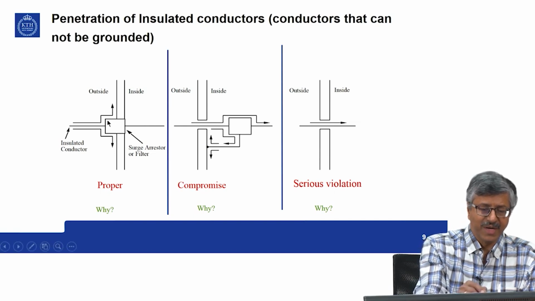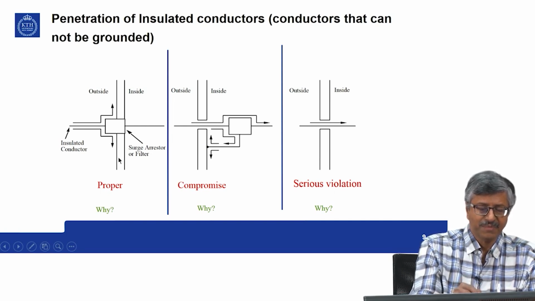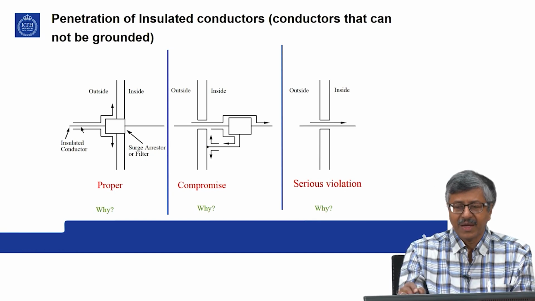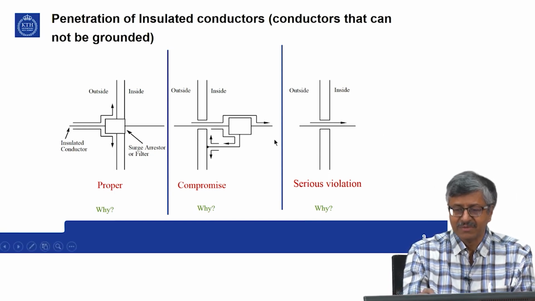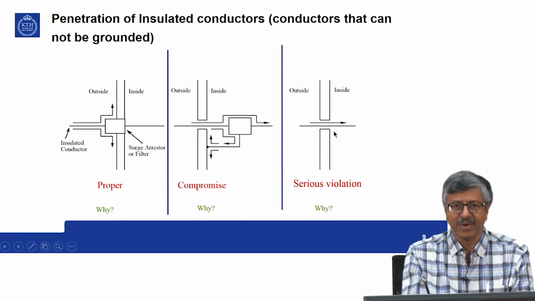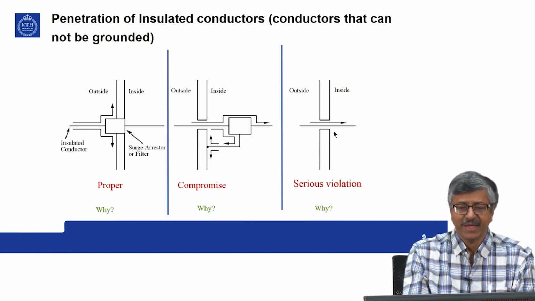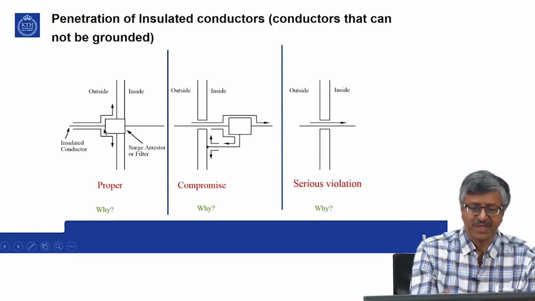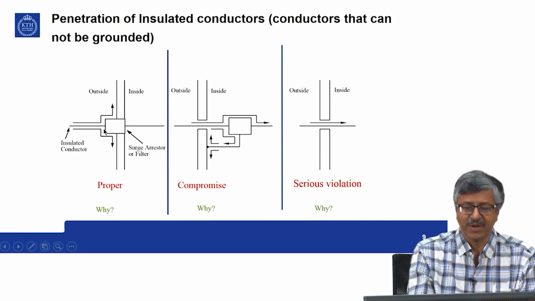You connect the filter in flush with this, so that noises are confined to the outside, and this is a serious violation without any filters or surge arrestors directly taking into the power cable through it, and this is a compromise. If you can't connect in flush with it, you can do it in this particular way also.